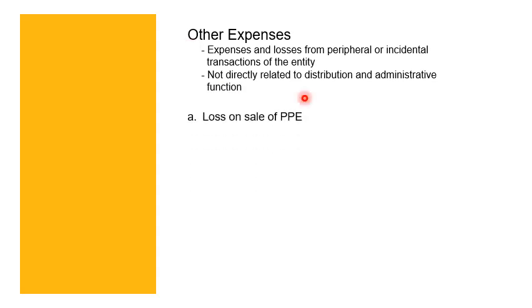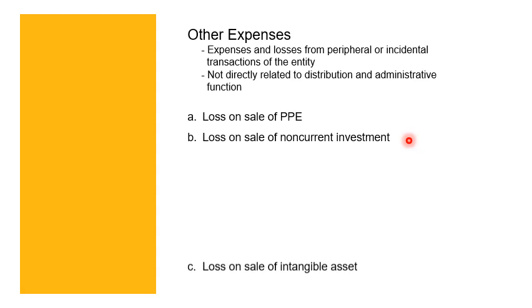Loss on sale of PPE, loss on sale of machine, di ba? Okay, mangyayari lang to kapag nagbenta ka ng machine and you are not really involved in selling of machines. Letter B, loss on sale of non-current investment. Hindi ka naman talaga involved sa buying and selling ng investment, pero para magkaroon ka ng passive income, nag-invest ka din. So, pag merong gain or loss on sale, other expenses na yon.